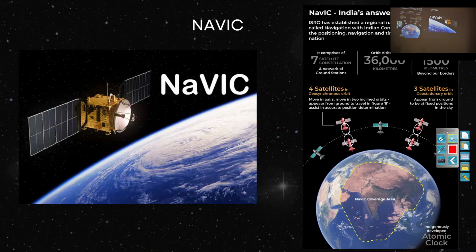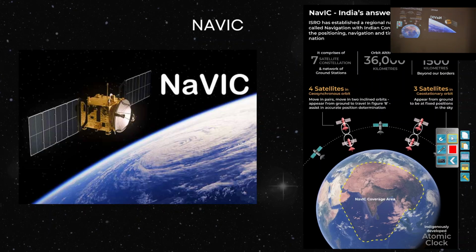It was called IRNSS before, Indian Regional Navigation Satellite System, and they renamed it NAVIC. There are 7 satellites. So this will cover only the Indian region, because there are only 7 satellites.